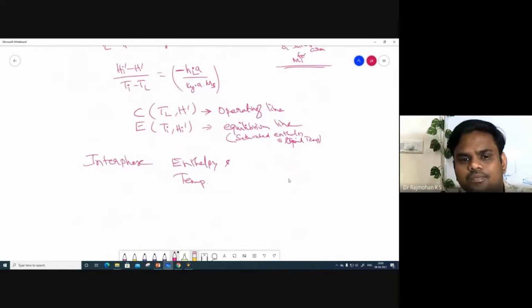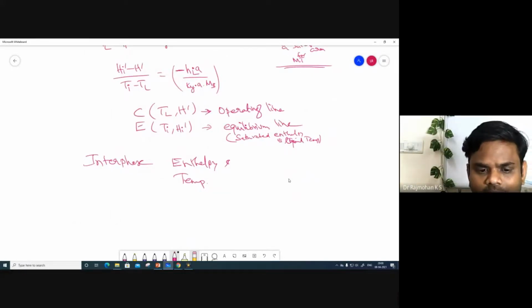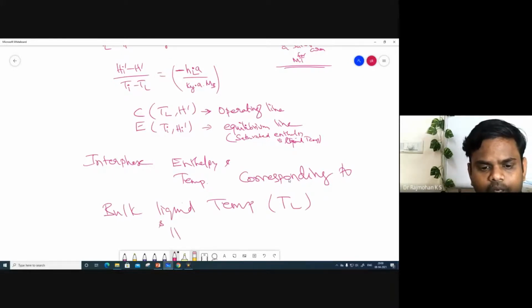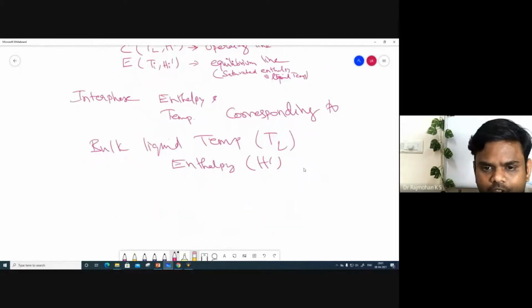I repeat, to find the temperature and enthalpy of the interface corresponding to the bulk liquid temperature TL and enthalpy H', that is your point C, right?